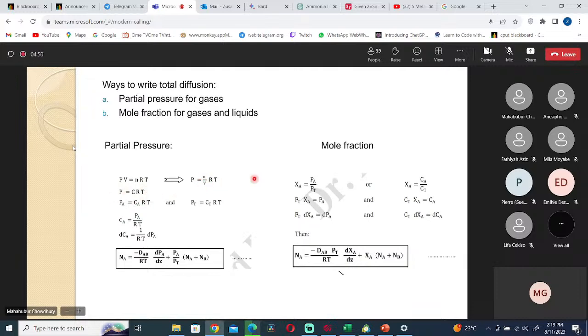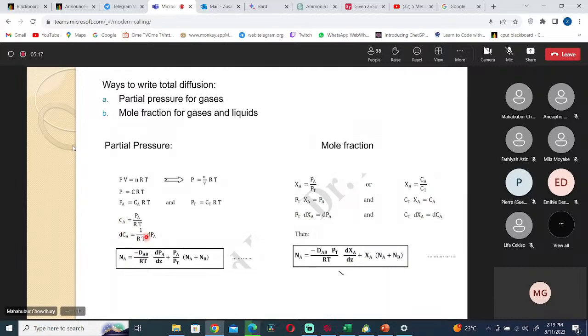And now if I want to break it down in terms of partial pressure of gases, then I can say that PA equals CA RT, and my PT, which is total, is basically CT RT. So I can say my CA equals PA over RT, and if that is true, I can rewrite my dCA equals 1 over RT dPA.